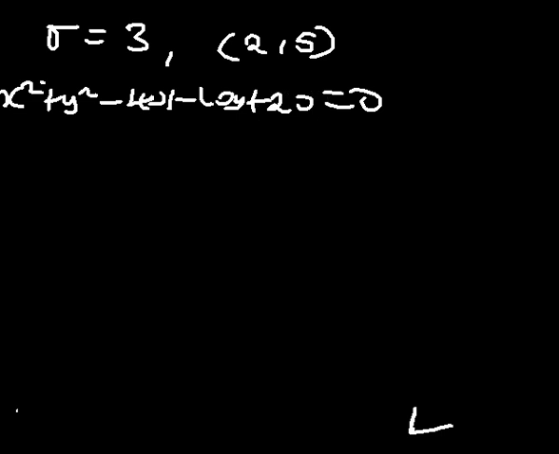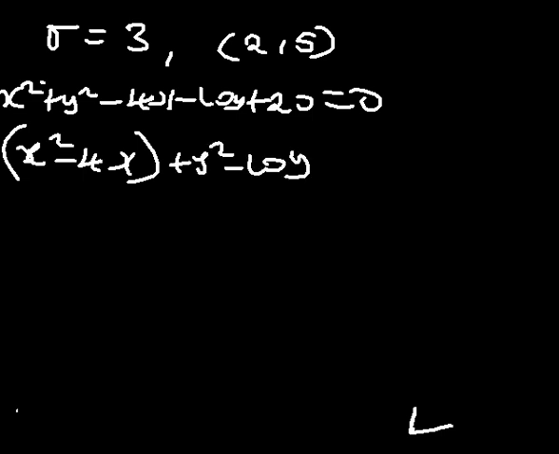At the same time we have two families here, the x family as well as the y family, so bring those families together. We'll have x squared minus 4x, that is the x family, and plus y squared minus 10y, that is the y family, which is equal to negative 20.